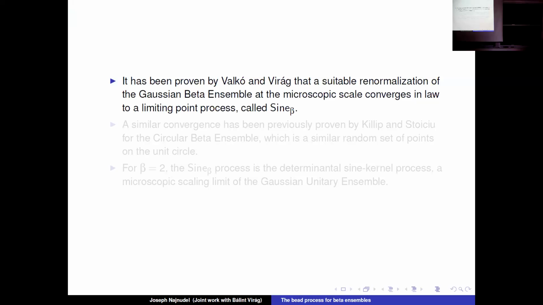So it has been proven by Valkó and Virág that a suitable normalization of the Gaussian beta ensemble at the microscopic scale converges in law to a limiting point process called sine beta. If we look at the eigenvalues, the points of the Gaussian beta ensemble, and zoom around some point in the bulk, then we get at the limit this sine beta point process.